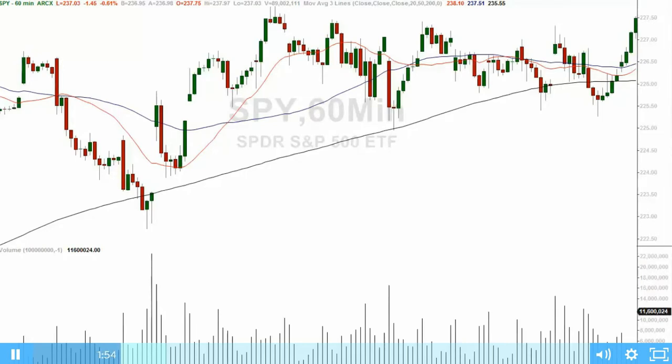Therefore, it also tracks the ES futures chart. So they're all interchangeable, but there are times when we want to key in on the SPY chart for specific reasons that we're going to get to a little later, but I figured now is a good time to begin to get familiar looking at the SPY chart, as I'm going to ask you to look at this chart from time to time, and you'll understand why and how it can be used to your advantage a little bit later in the course.